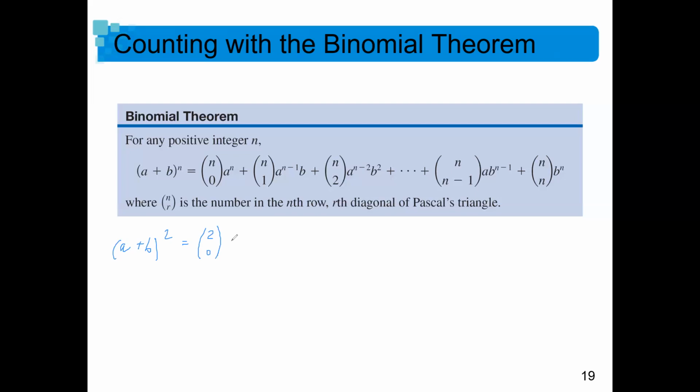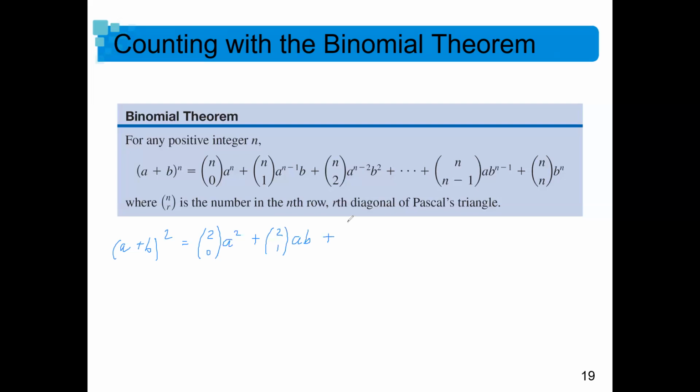And then we write a squared. We leave out b, but b will present itself later. And then we write the second member in the second row, 2 choose 1. And then we write a. So a squared becomes a, and then b appears.